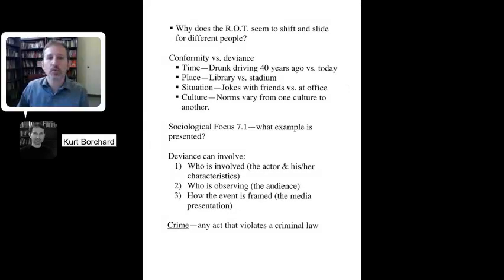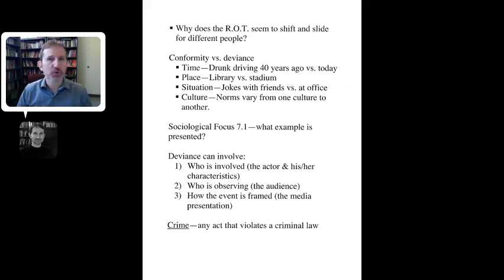Finally, you can ask, why does the range of tolerance seem to shift and slide for different people? How is it that different people are held to different standards of judgment in terms of their behavior being accepted or not? Here's an example.